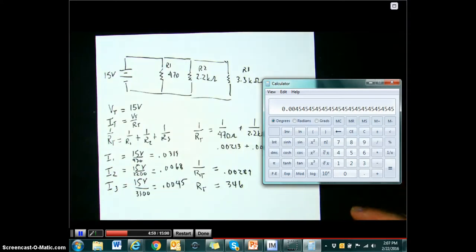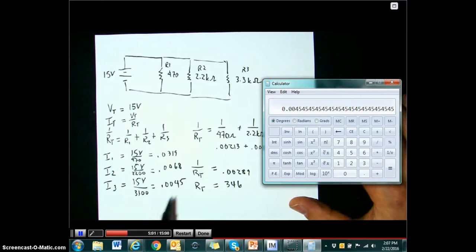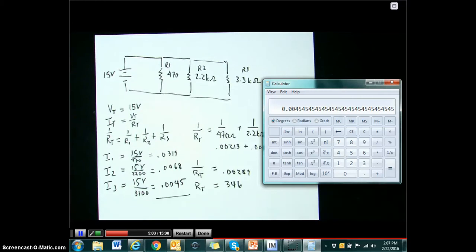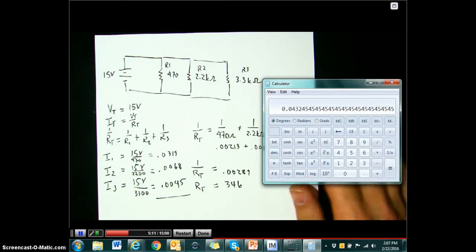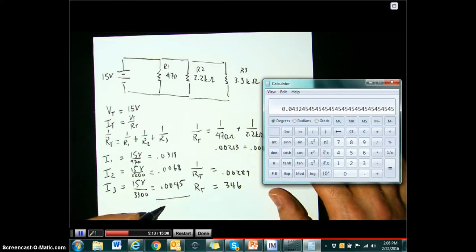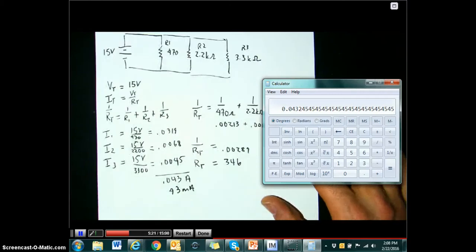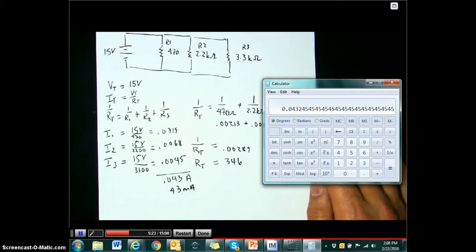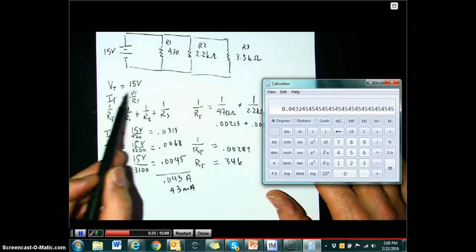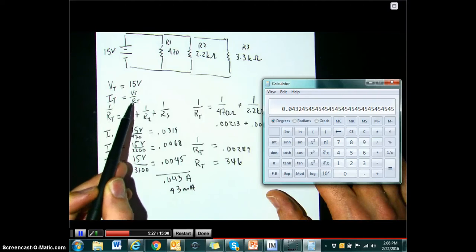Okay. If I add the 3 together, that should get us what? Depending on your rounding, approximately 0.043 amps, or if we convert it, we get 43 milliamps.